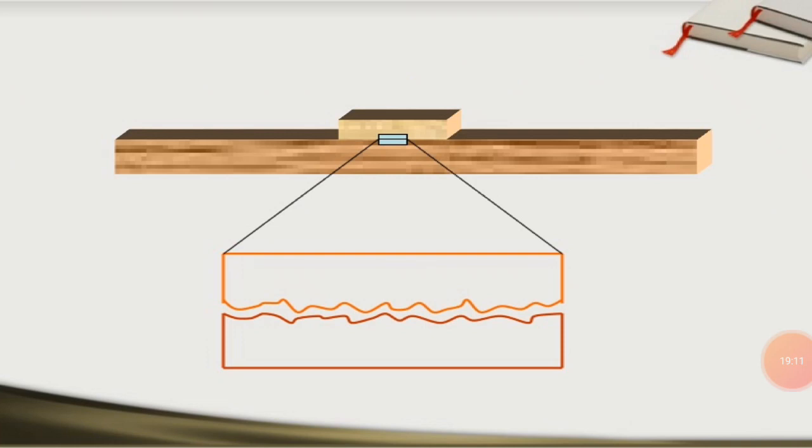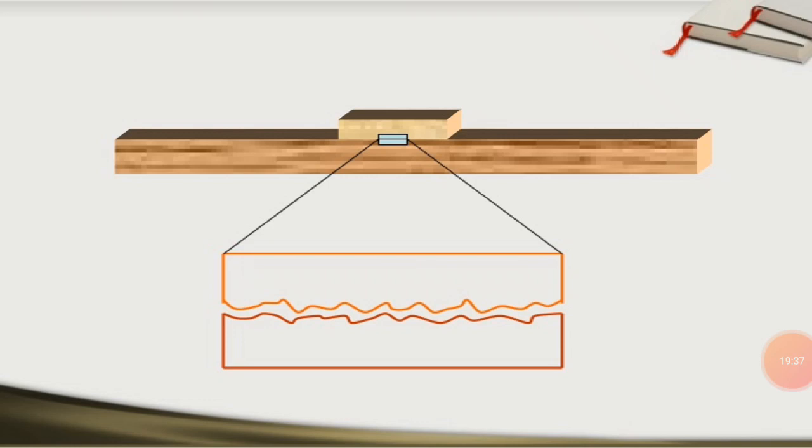As I have already told you, and as this diagram shows, when one object is kept over another object, the irregularities present between their surfaces get interlocked with each other, and that is responsible for causing the friction. So friction is caused by the interlocking of the irregularities between the two surfaces which are in contact with each other.